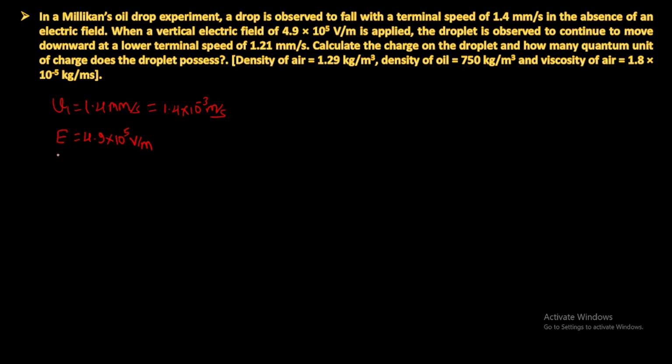There will be a new terminal velocity of the falling oil drop, which was found to be 1.21 millimeter per second, and when we convert into the SI system, 1.21 into 10 to the power minus 3 meter per second.